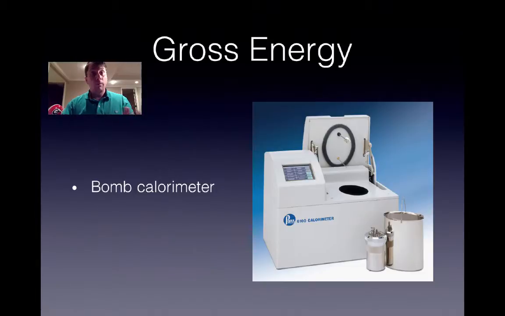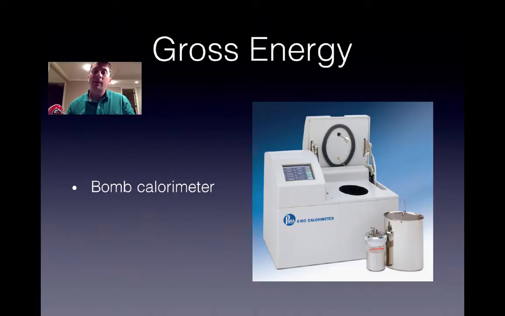So we have kilocalories. That's the measurement of energy. How do you determine how many kilocalories or how much energy is in feed? The instrument that's often used is a bomb calorimeter. In a bomb calorimeter, you take the feed and put it in a well-insulated cup.